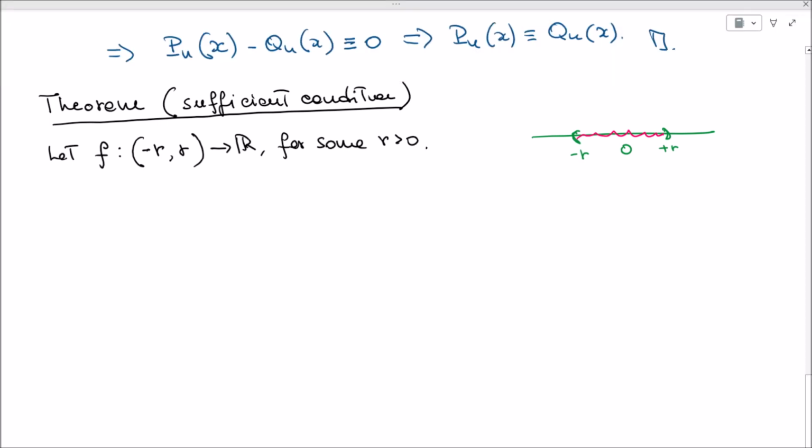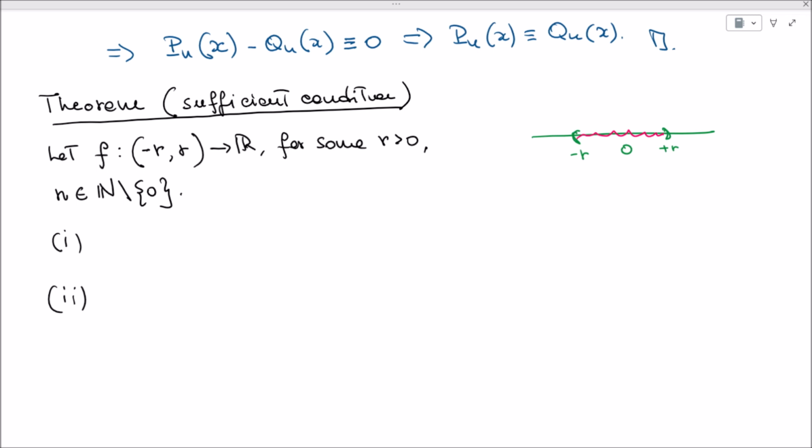Let's suppose that n is a natural number without the origin, and let's check now that these two conditions are verified.